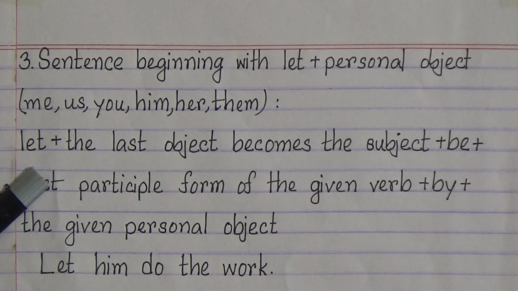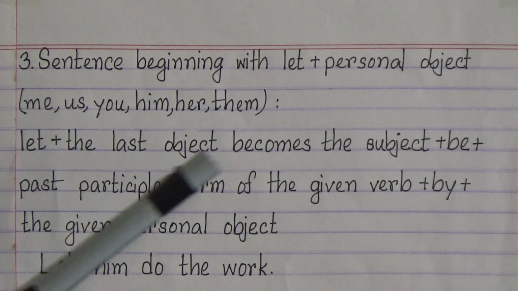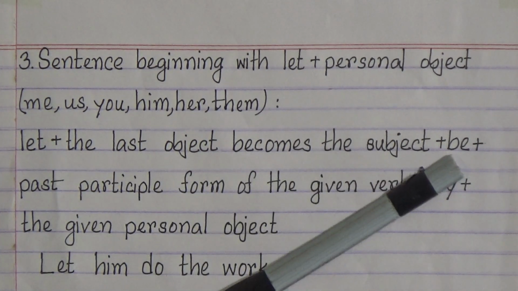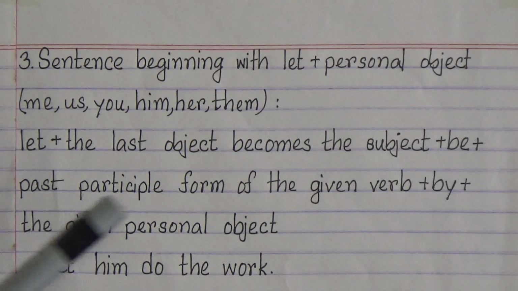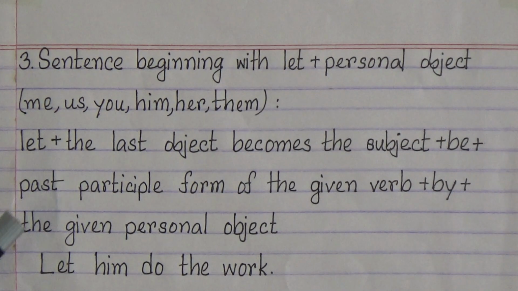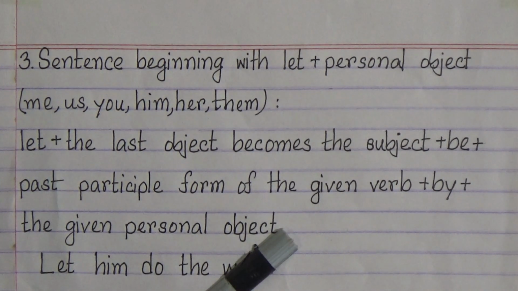At first you will write let, then the last object becomes the subject. Now the last object of the sentence will become the subject, then you will write be plus past participle form of the given verb, then you will write by, and then the given personal object. Okay, let's do the example. It will be clearer for you.